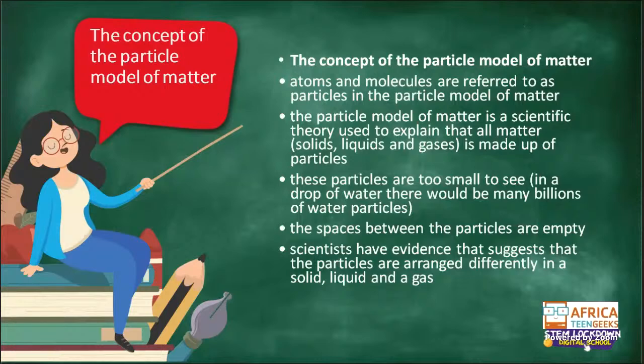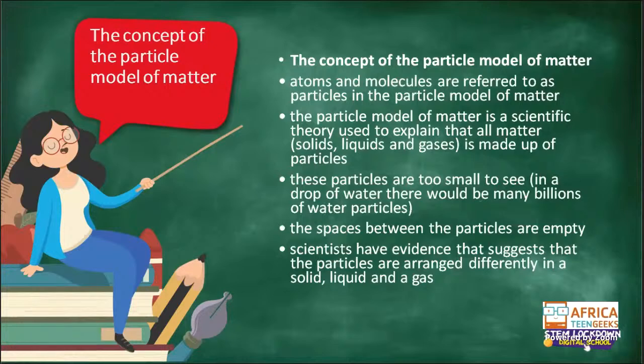Now we are going to see what the model of matter is. You remember we said matter is made up of what? Matter can exist in three states. We have solid, we have liquid, and we have gas. So we are looking at what is making them. What particles? How are they related?